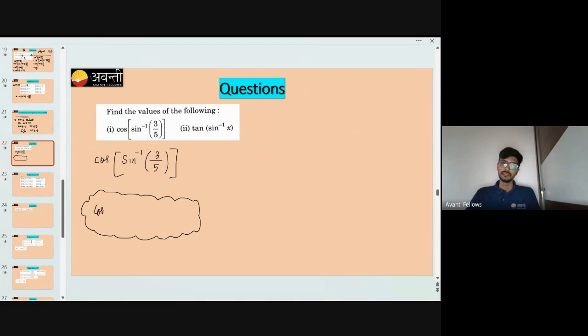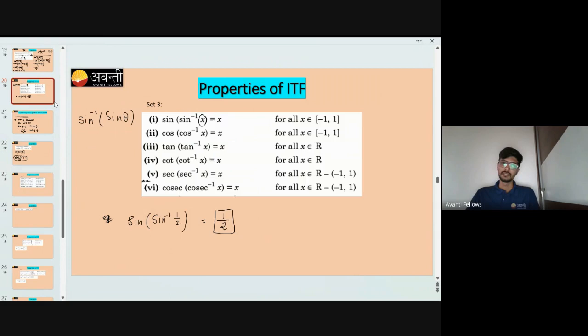Suppose I get cos inverse of something, and this belongs from -1 to 1, please note this should be between -1 and 1. Then I can easily cut this cos and write the answer here by property 3. Remember property 3: cos of cos inverse x equals x if x is from -1 to 1.